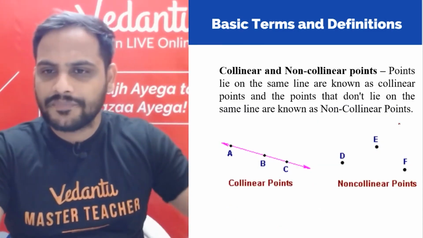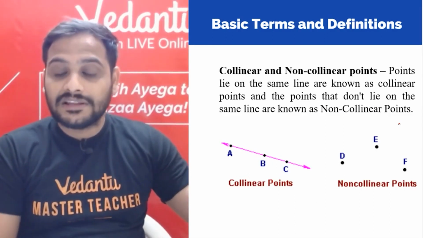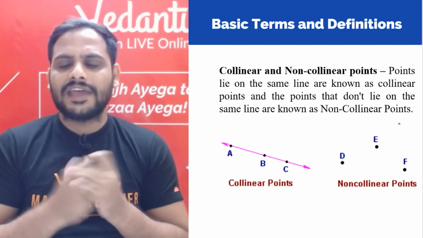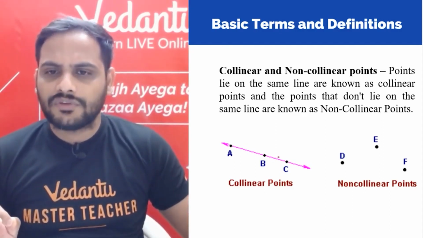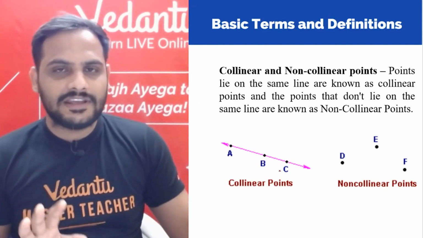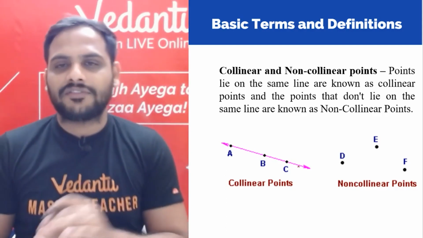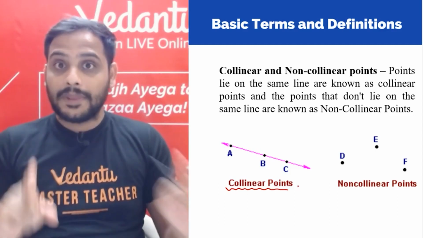Okay, now collinear and non-collinear points, what does it mean? Collinear points means those points which have all 3 points in the same line. Like suppose the points A, B and C, I can join all the 3 points with a single straight line, then they will be called collinear points.